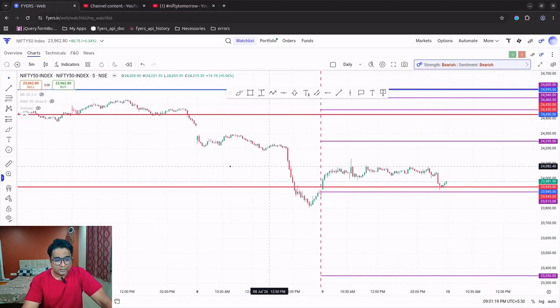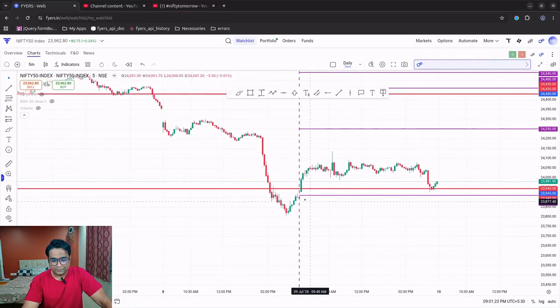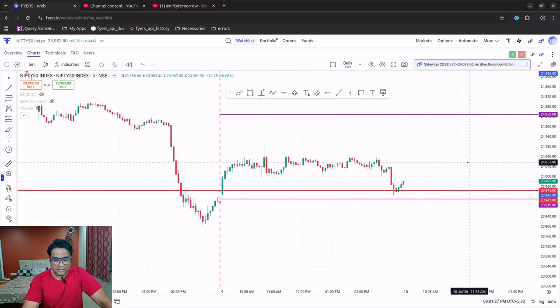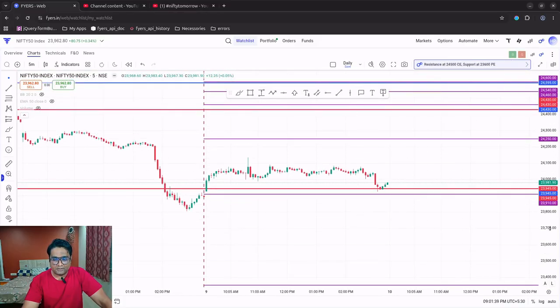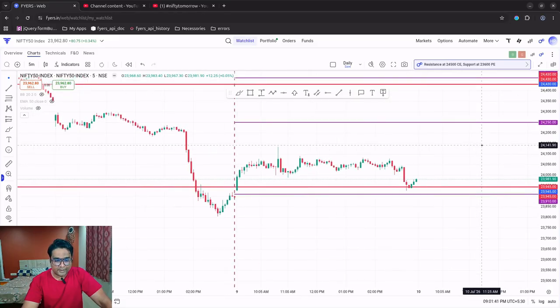So this was yesterday's movement. I told you Nifty 50 closed yesterday below the weekly key level, and then these purple key levels were the key levels for today.